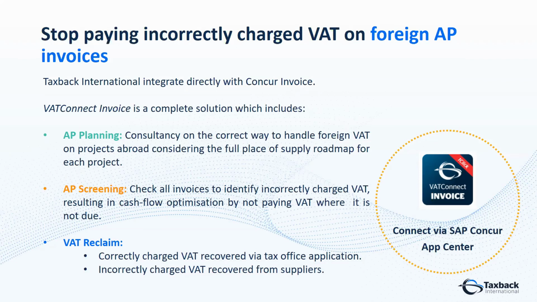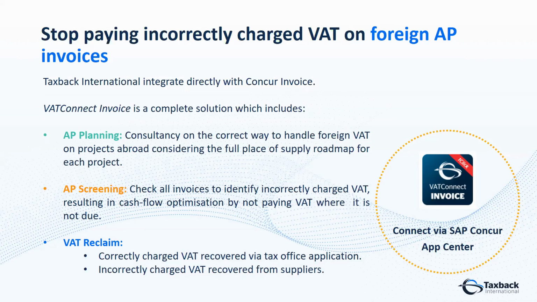We're going to check all the invoices to identify correctly and incorrectly charged VAT to ensure that there is not a problem with cash flow. Because if you're paying incorrectly charged VAT and you're not identifying it very quickly, then you're going into the foreign VAT recovery mechanism. You're looking for rulings from tax offices.